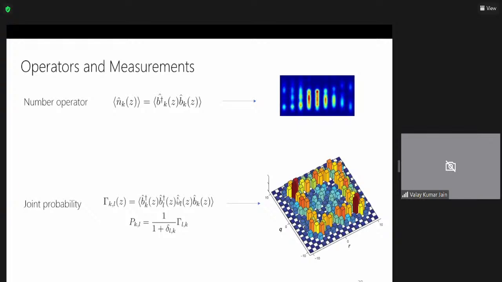Now, for operators and measurements, you can just measure the number of photons using the number operator, which calculates the number of photons in a waveguide. And of course, our quantity of interest is joint probability, which gives the probability of finding photons in index L and index K simultaneously, which can also be done by this, an advanced version of the number operator. But what is important is that you should focus on this graph, because this graph is going to help us to see the physics which is happening.